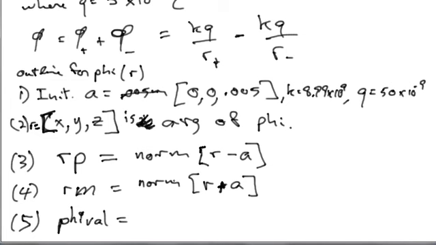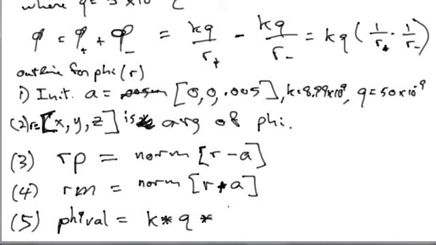That's going to be my return variable name, is equal to k times q times 1 over r p minus 1 over r m. Alright, that's the easy one.